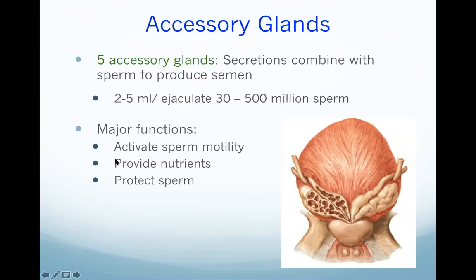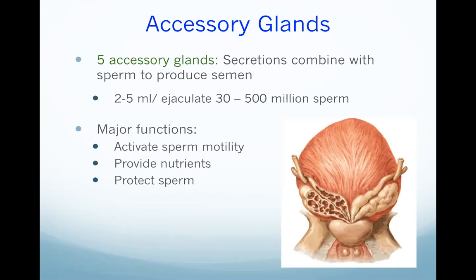All right, so functions of the accessory glands, lots of functions. They do many, many things. Remember, the sperm are not swimming, so one of the things that the seminal glands are going to do is add activating factors that activate the motility of the sperm. They're also going to activate the capacitation abilities so that they'll be able to fertilize. They're going to provide nutrients.